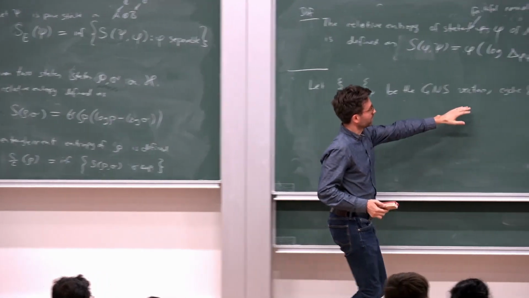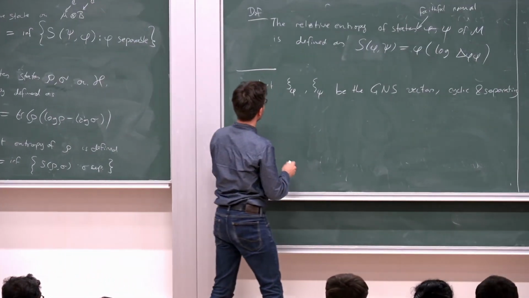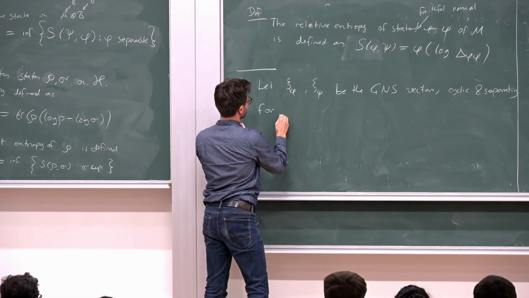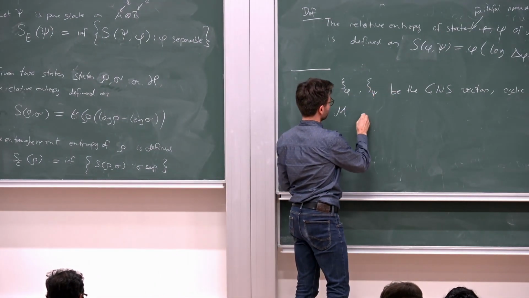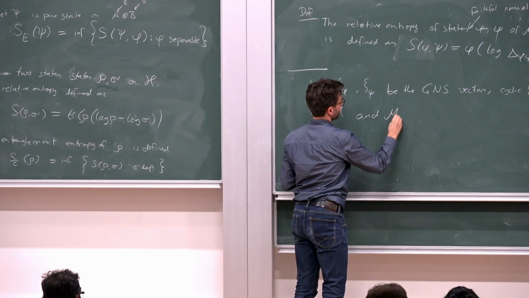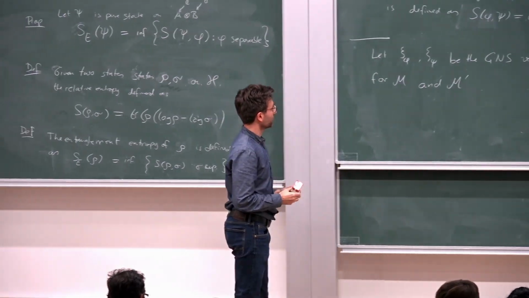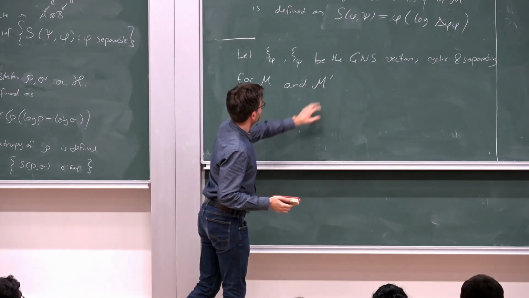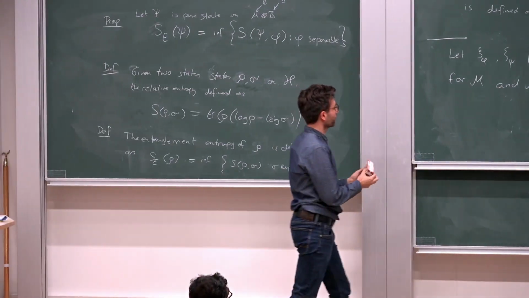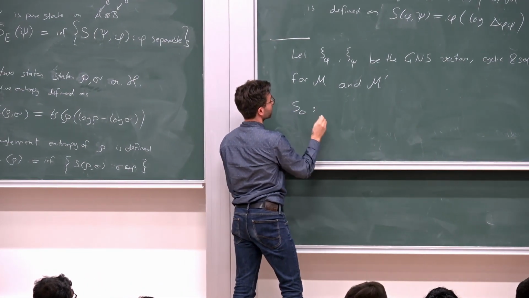So these are two properties, and they are cyclic and separating for my von Neumann algebra M and the commutant of M, for both at the same time. That's why this is a very nice vector, and it does something nice to both of them. And so now I define the following operator.